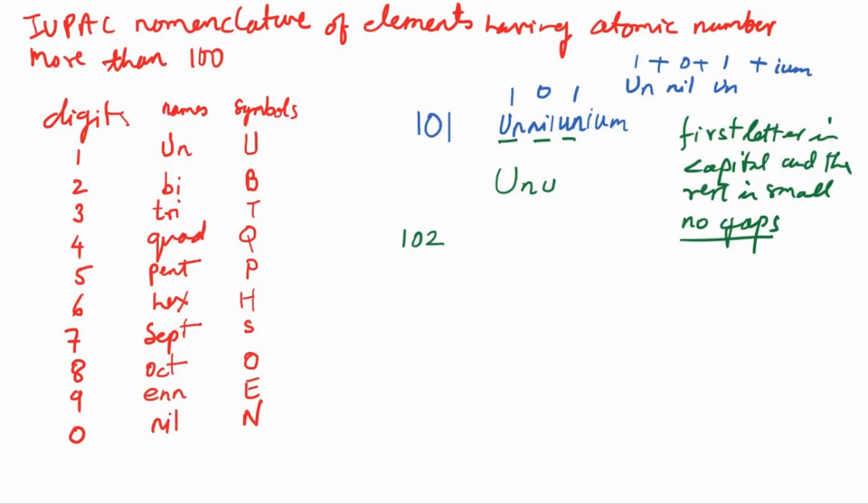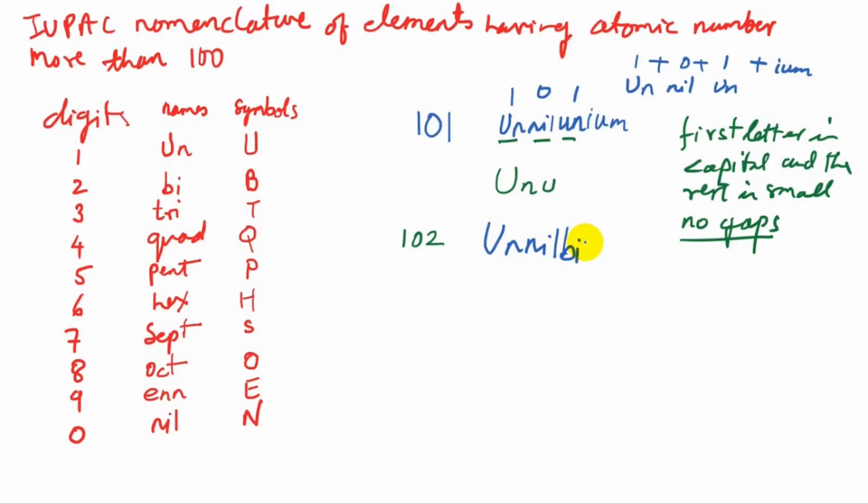Samprikta? So it is Unbiunium and the symbol is UBU. So what will I write down here? One. One means I'll write down UN. Then zero. Zero means NIL, isn't it? And two. Two means BI.